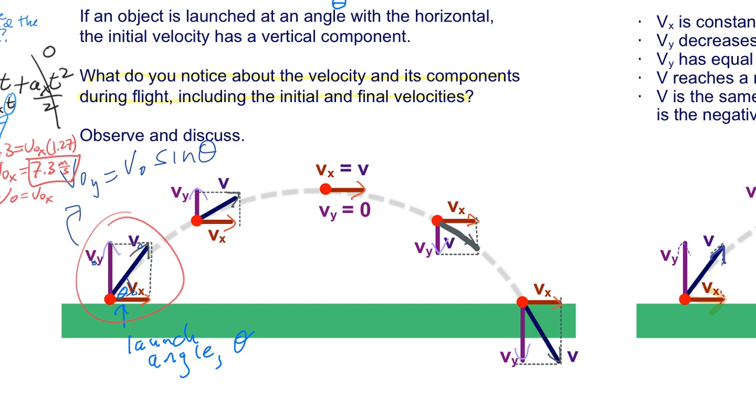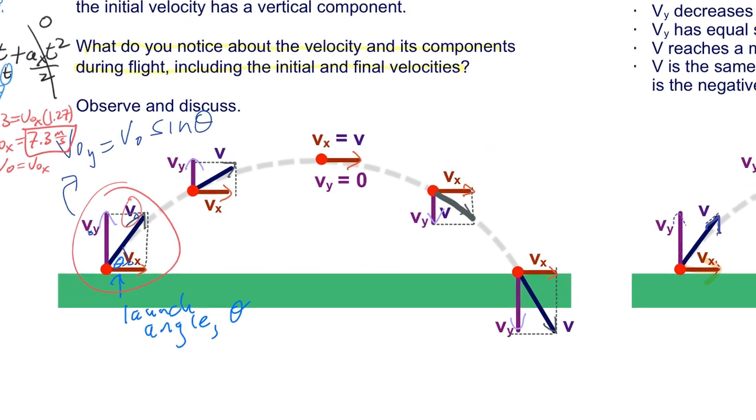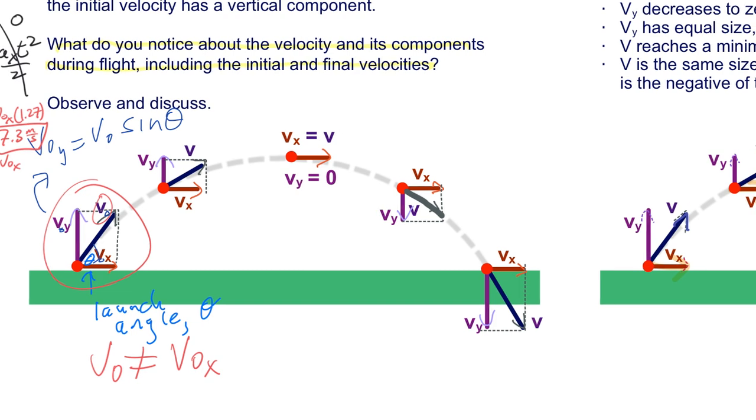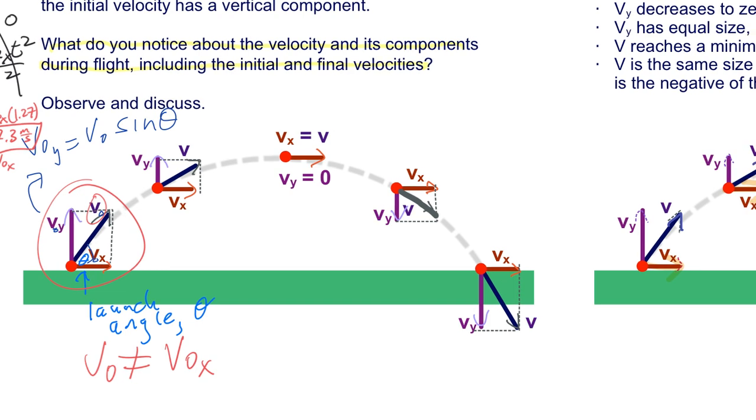Well, we can see VO is not horizontal right here. It's launched at an angle. So VO is not going to equal VOX anymore like it did in the horizontal launch problems.